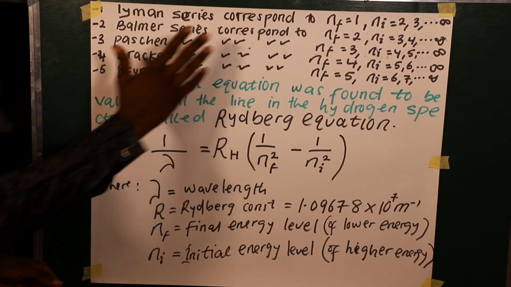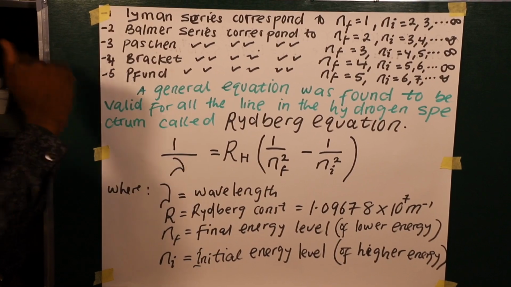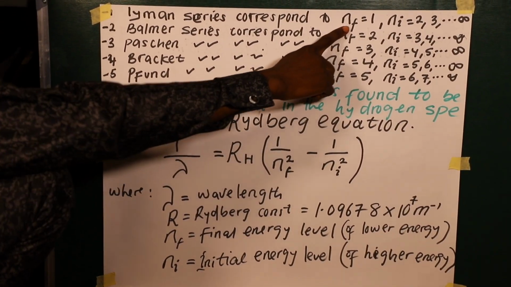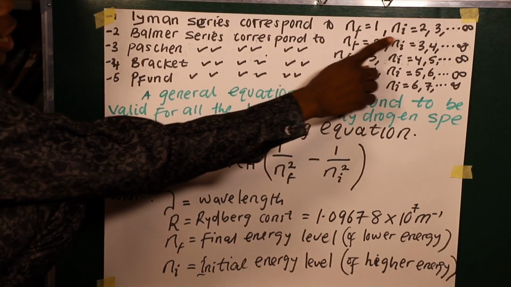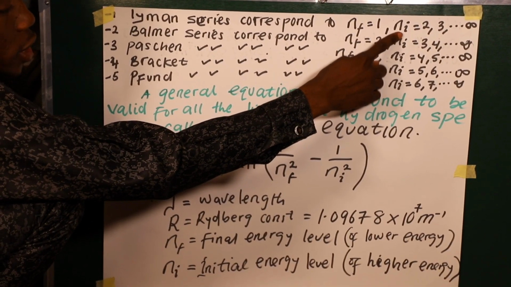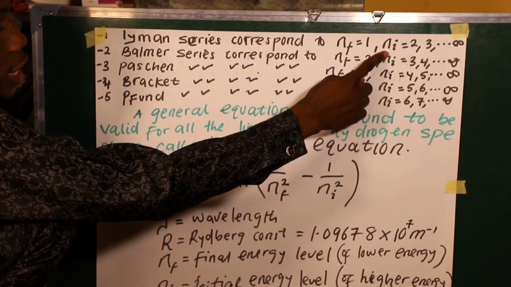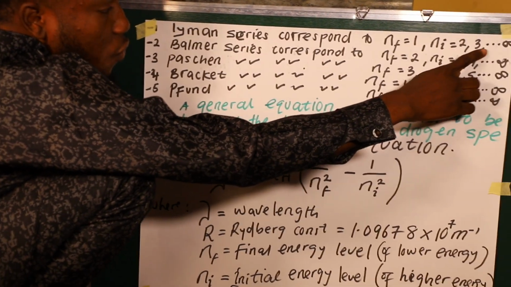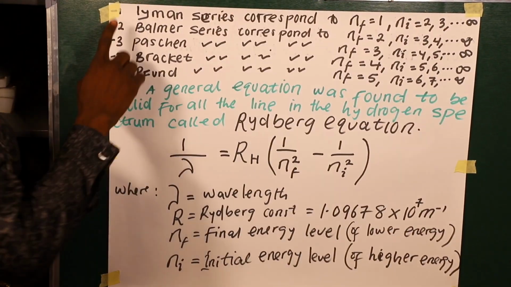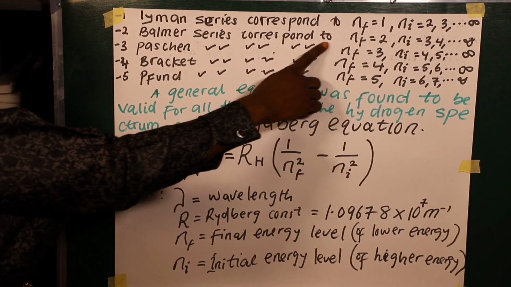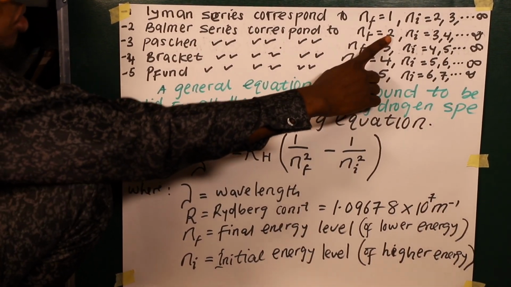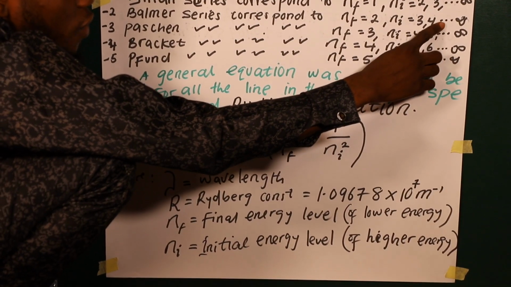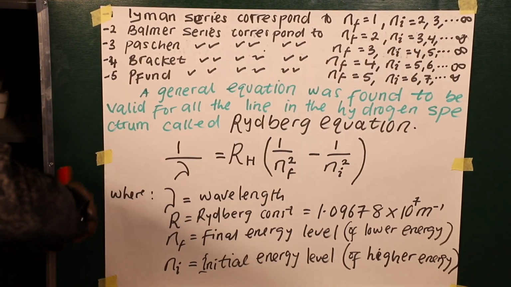Here we show the corresponding values for each series. Number 1, the Lyman series corresponds to n final equal to 1, that is the final destination is equal to 1, and n initial may start from any point where n is equal to 2, 3, 4, 5, 6 to infinity. Number 2, the Balmer series corresponds to n final equal to 2, and n initial may start from 3, 4, 5, 6 up to infinity.